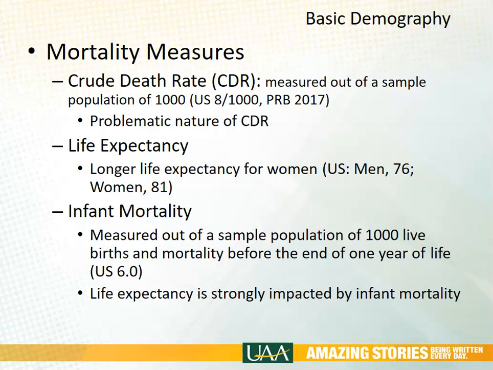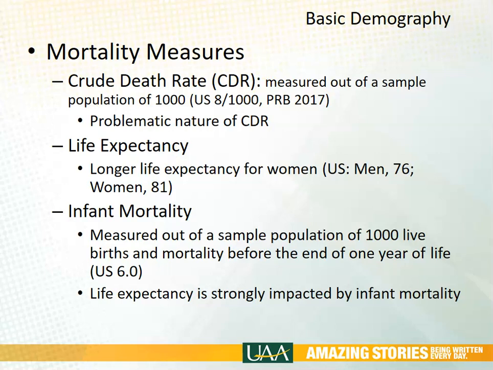A sad measure of demography is something called infant mortality. Infant mortality is measured out of a sample population of 1,000 live births, and then is expressed as the mortality that takes place before the end of 1 year of life. In the United States, infant mortality was 6. That means that 6 babies die before the end of their first year of life out of every 1,000 born.